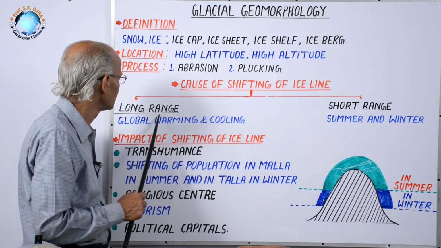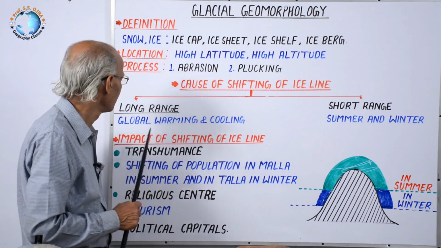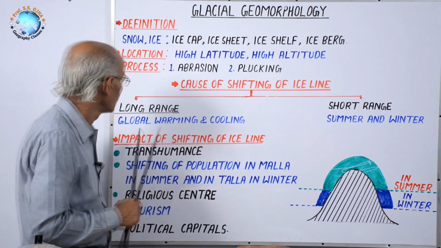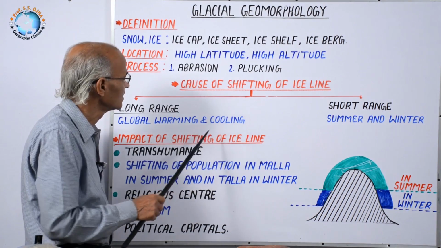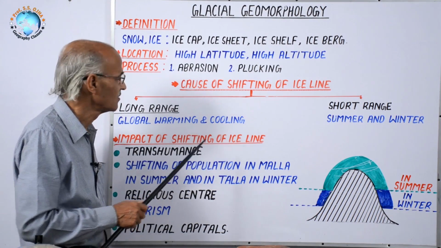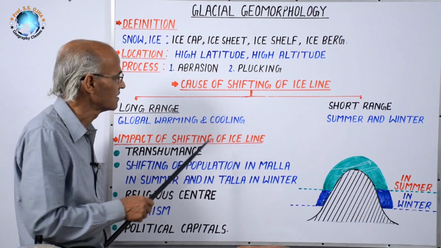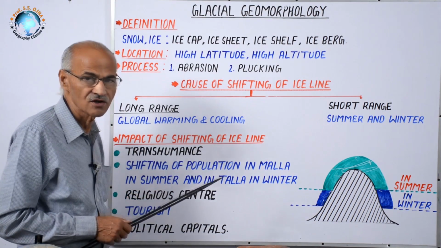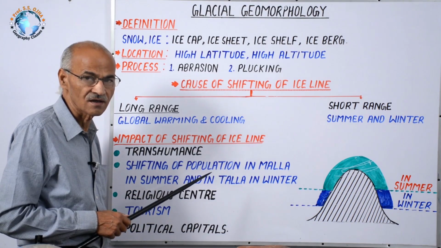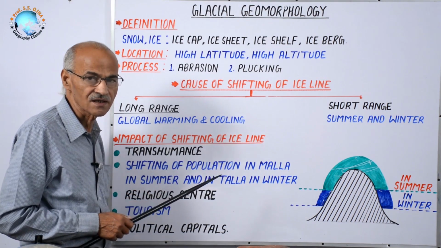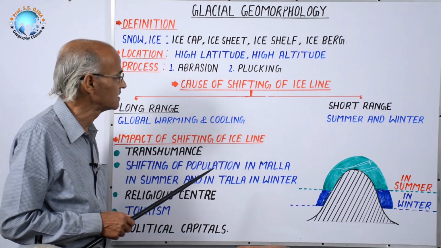In long range, as you know, it is global warming and cooling. Global warming and cooling you might have studied. Global cooling or glaciation has two phases on the earth. One was Carboniferous glaciation and second was Pleistocene glaciation.